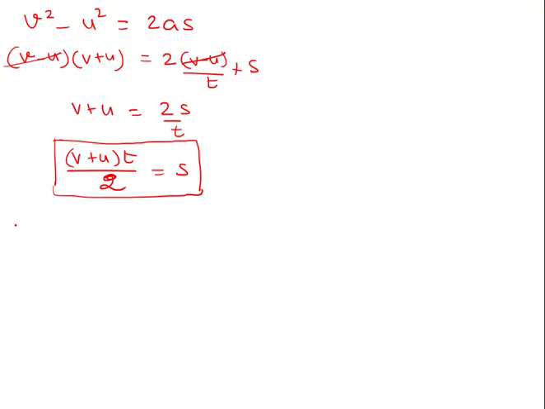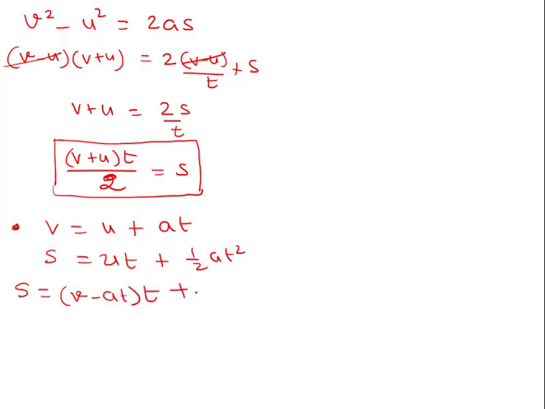Similarly, we could also obtain equation number 5. We know that v is equal to u plus at is equation number 1. And the second equation is s is equal to ut plus half at square. Now what I will do is, for this u, I will use the value of v minus at, which comes from equation number 1. So I could write this as s is equal to, for u I'll write v minus at, into t, plus half at square.